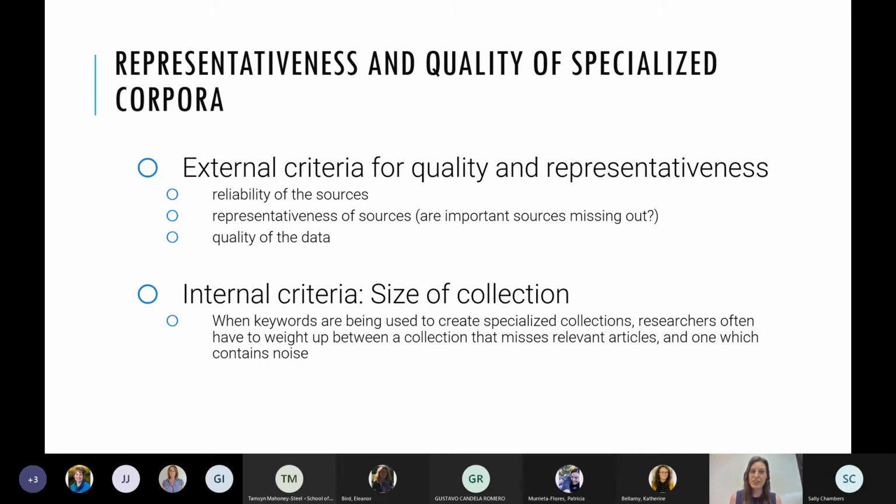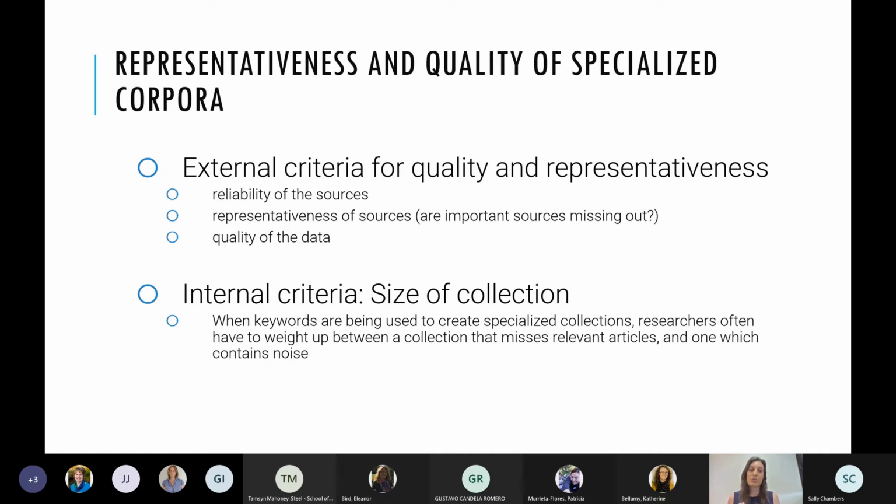First, there are external criteria for the quality and representativeness, which means first I need to ask myself, are the sources I'm using reliable? This is something that every historian has to ask when they're using sources. But then I also need to ask, is the collection I'm using, like the historical newspaper collection of the National Library in Austria, complete?